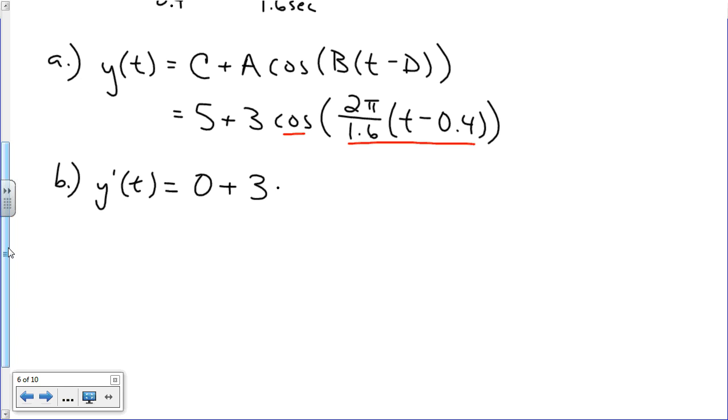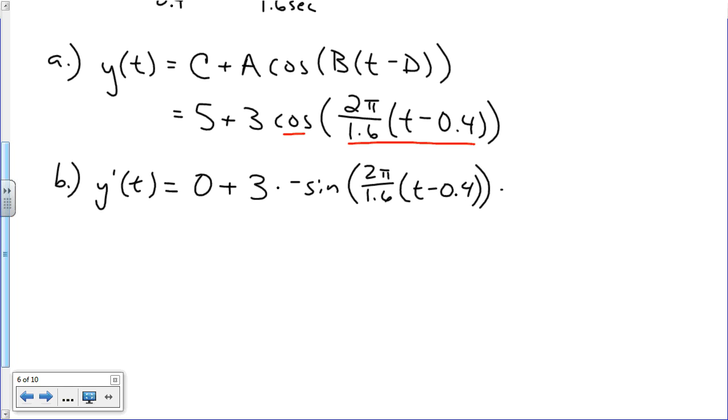So derivative of my outside function, derivative of cosine is a negative sine, and I'm going to evaluate that at the inside function. Derivative of the outside is the first step of chain rule. Evaluate at the inside, 2 pi over 1.6 times t minus 0.4 is the inside function.